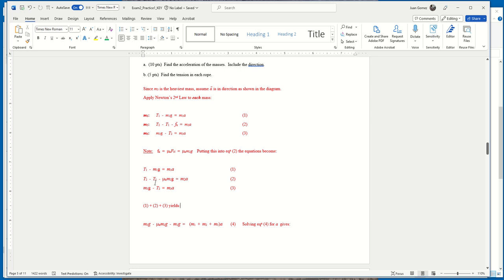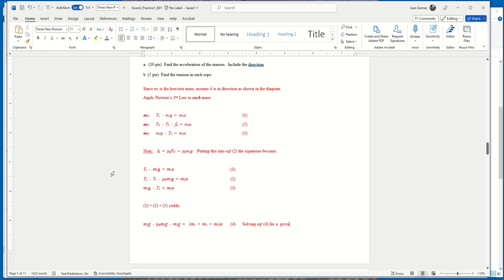So the tensions on the left-hand side, T1 and T2, cancel. I'm left with M3G minus mu k M2G minus M1G. That's what I get on the left when doing 1 plus 2 plus 3.